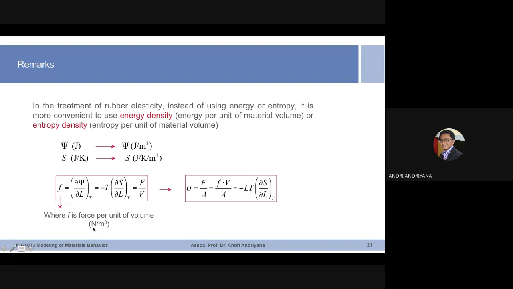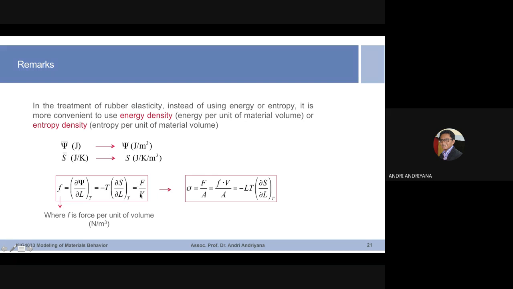So it is Newton per meter cubed, because we changed the energy to become energy density. And then for an elastomer, it is equal to minus T dS dL at constant temperature. S here is the entropy density. And this is equal to the large F that we had before over the volume.